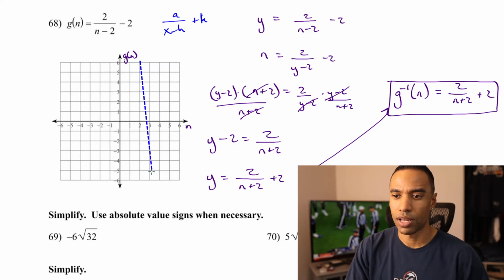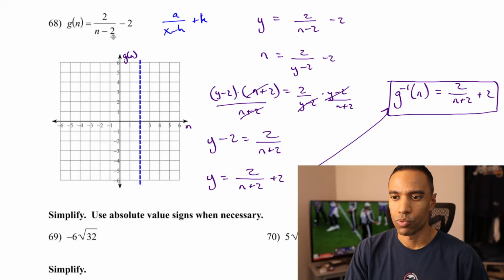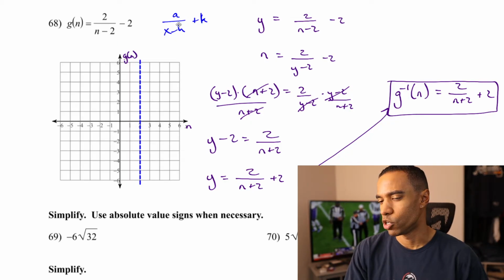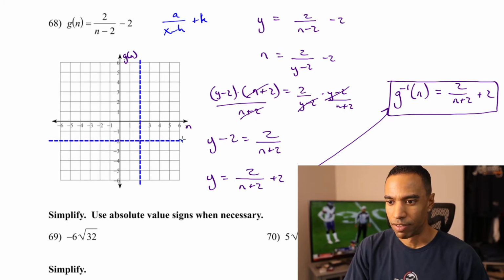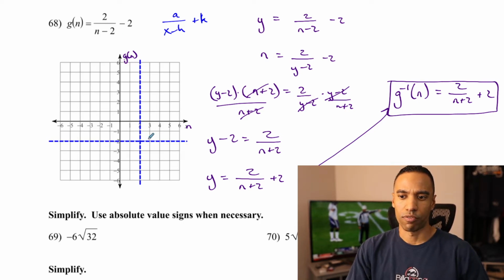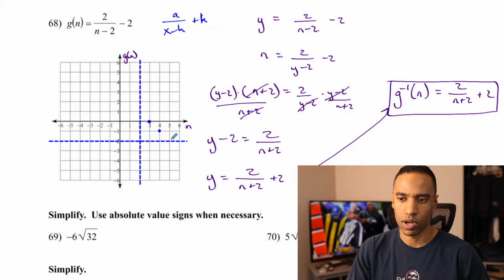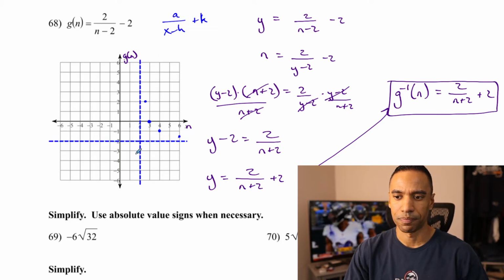So I have a vertical at x equals 2, or n equals 2. Vertical asymptote right there, domain restriction. Horizontal asymptote at y equals -2, or g of n equals -2. Right there. And then a stretch factor of 2 means 2 divided by 1 is 2, 2 divided by 2 is 1, 2 divided by 4 is 1/2, 2 divided by 1/2 is 4, kind of like that.